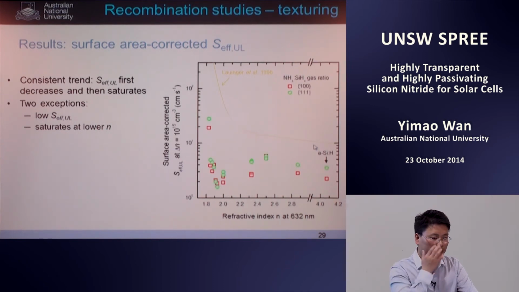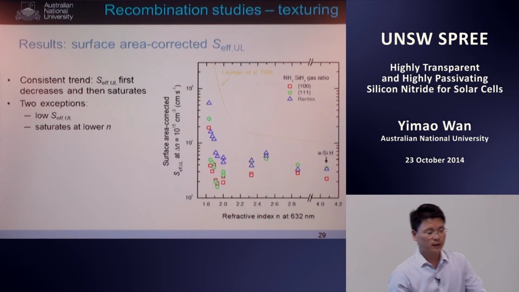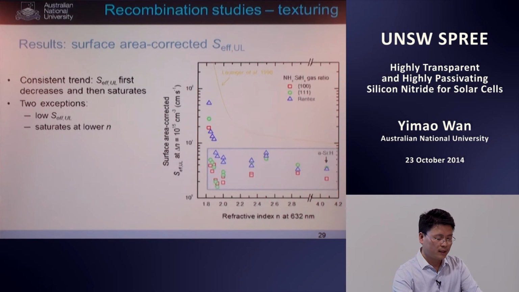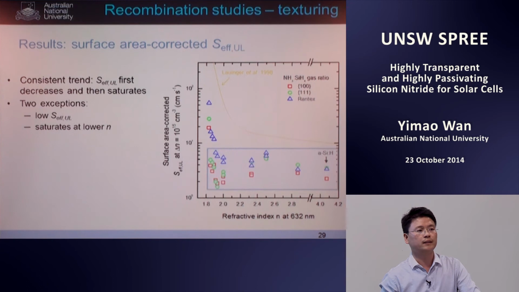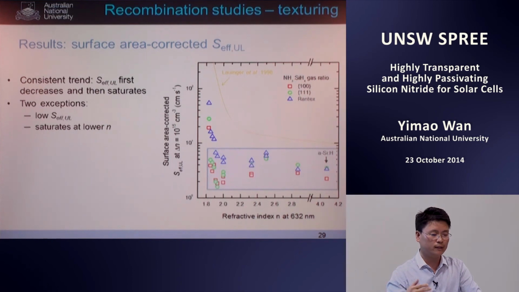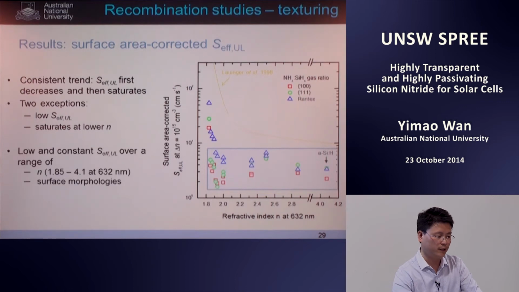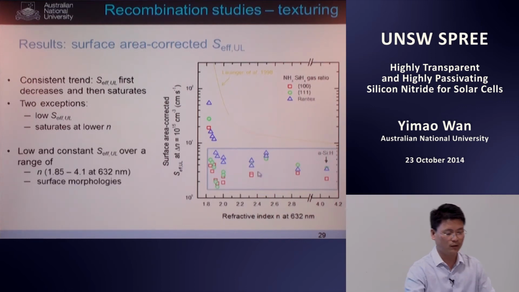And then there are planar 111 and the texture surface. But please remember that the recombination presented here for the texture surface is after correction by a factor of 1.7. So as we can see, for all three types of surface morphology, planar 100, 111, or random texture, we obtain a low and relatively constant recombination over a wide range of refractive index.